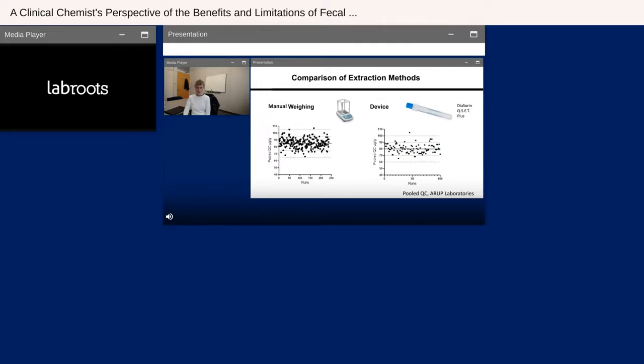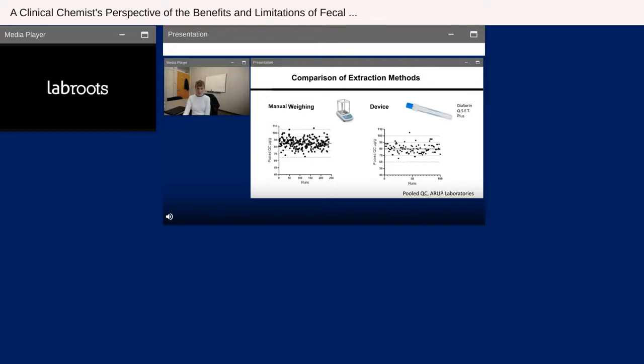We freeze a bunch of aliquots into Eppendorf tubes, and every time the lab sets up a batch of 50 patient samples, they will include a pooled stool QC. This monitors both our extraction process and our analytical process.